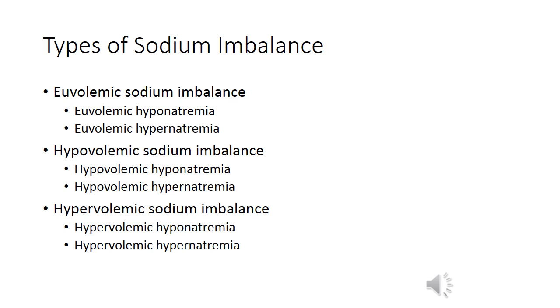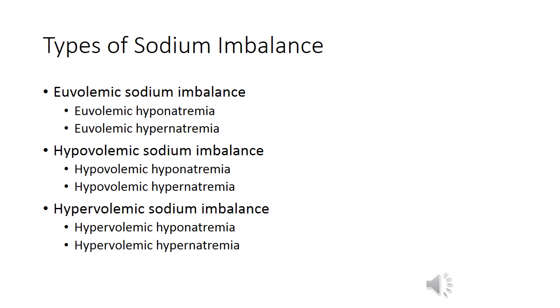Euvolemic sodium imbalance occurs when the amount of water in the body is normal or near normal. Euvolemic hyponatremia is a decrease in sodium, and euvolemic hypernatremia is an increase in serum sodium, occurring when the amount of water in the body is normal or near normal.